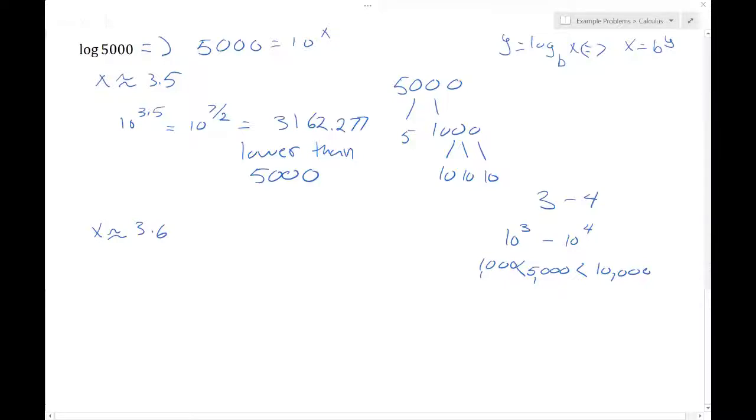And so then we can take 10 to the 3.6, which is equal to 10 to the 18 fifths, which is equal to 3,981.07, which is still lower than 5,000. And so we basically can just repeat this process indefinitely until we eventually zero in on what we're trying to get to.